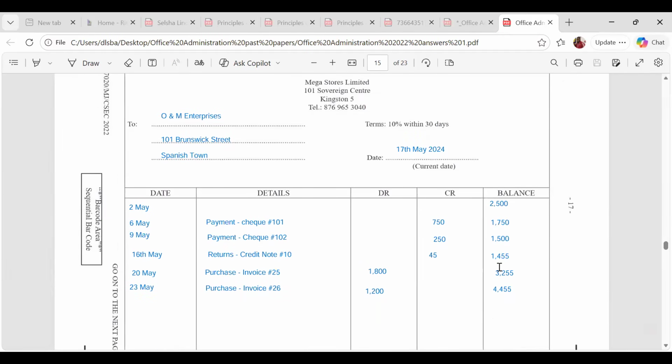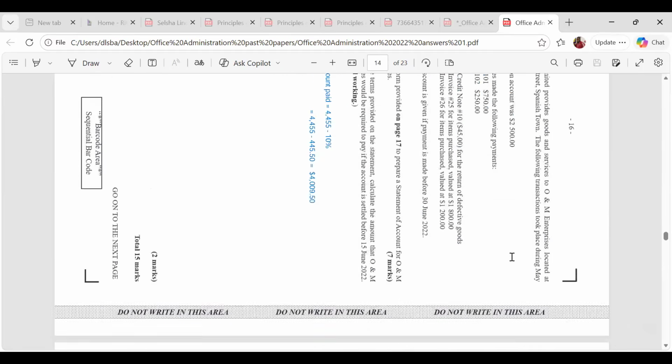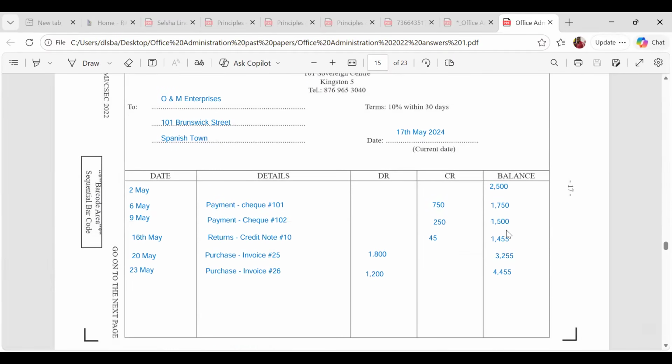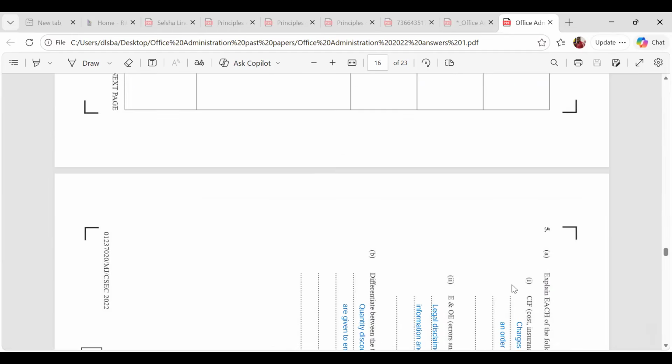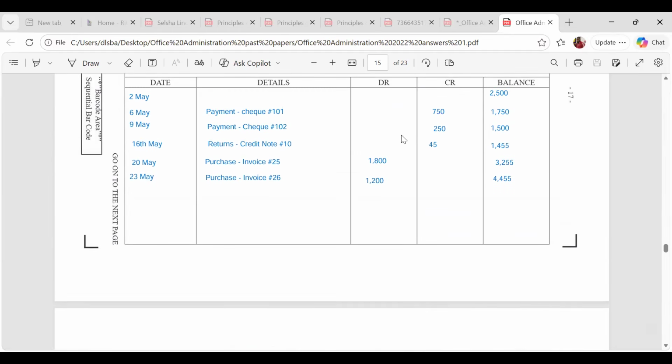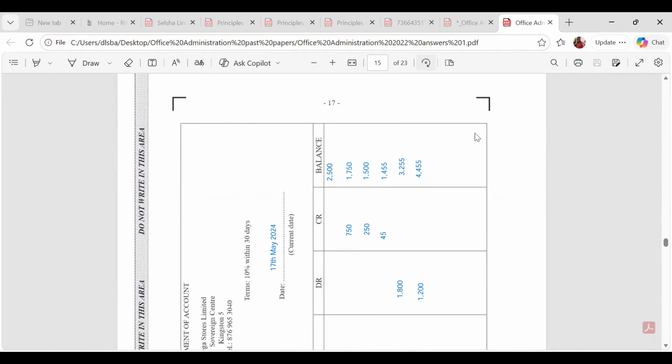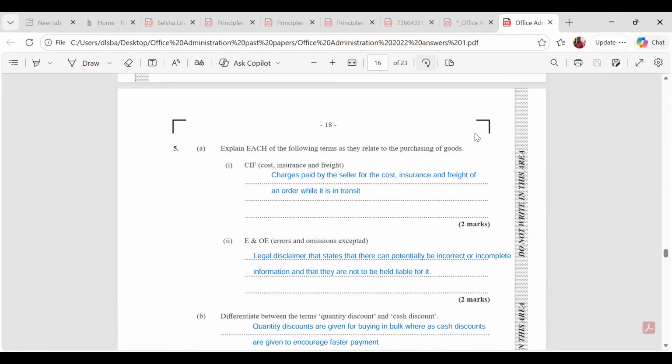So they add that, and it goes up from 1,455 to 4,455. And that is it. You really just plug in the information that they give you.